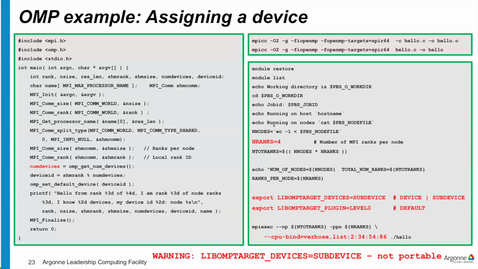Keep in mind that this exact environment is using a non-standard, non-portable extension of Intel OpenMP runtime for devices and sub-devices, and also for the backend implementation of libomptarget plugin, which is by default Level Zero, but some people may want to use OpenCL, which is also available on our machine.